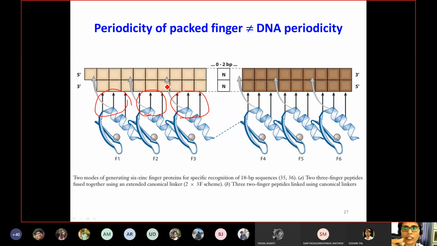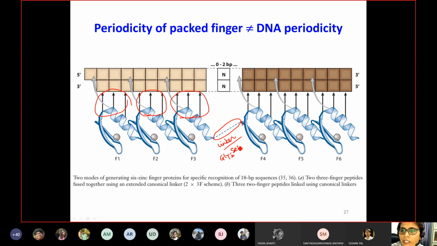But the periodicity of this zinc finger and the periodicity of your DNA in a helical form, because this is also turned, do not match each other. To overcome this kind of problem, they introduced longer linker sequences. So here they have added artificial linkers, like glycine and then serine.